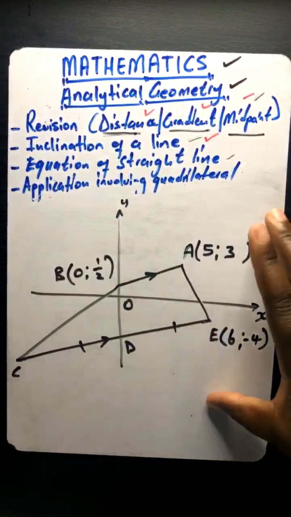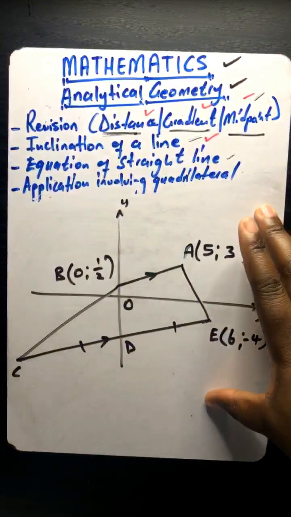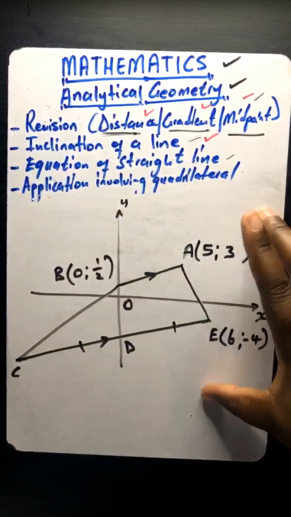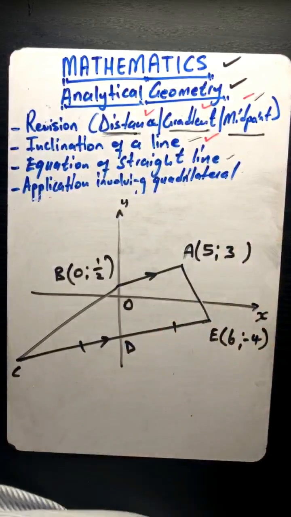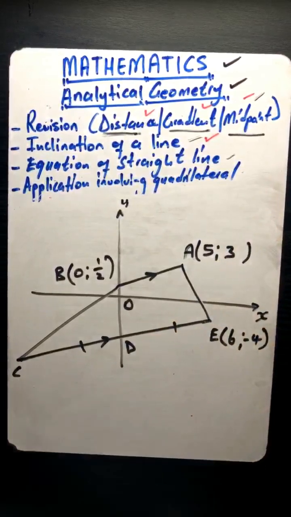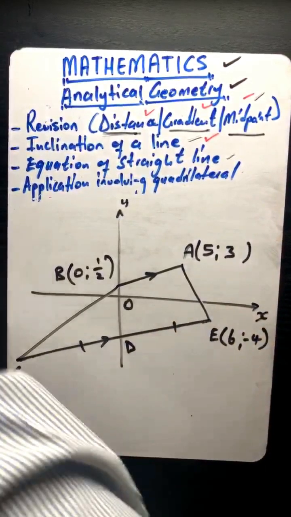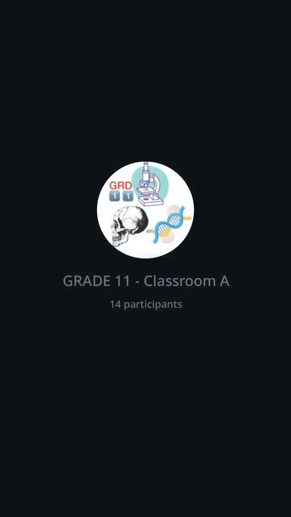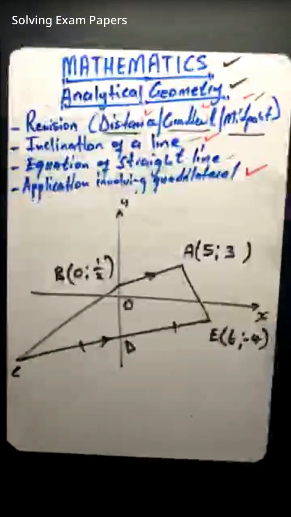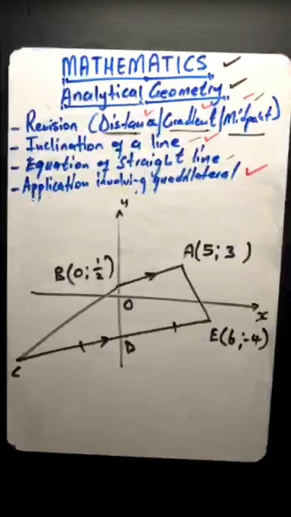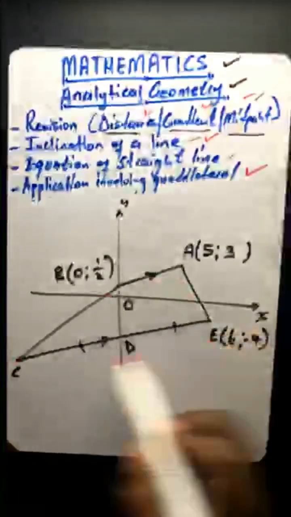This is what you are given, and you're given a statement there. It is the question that was posted in the group, question number 3. This is where we are now. Application involving quadrilaterals. A quadrilateral is something that has 4 sides: 1, 2, 3, 4.